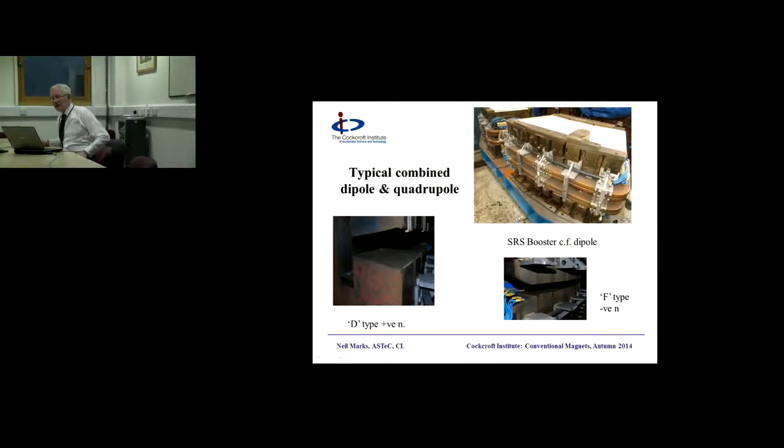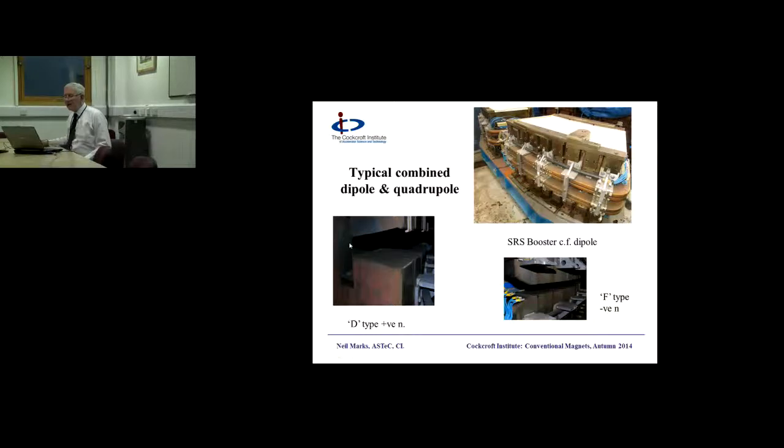Here's some pictures of typical combined function magnets. They're a bit dark. This is a magnet from the old booster for the Daresbury synchrotron radiation source. And you can see it's a sector magnet, and you can now see it in the magnet graveyard at Daresbury Laboratory, because the SRS is now decommissioned.